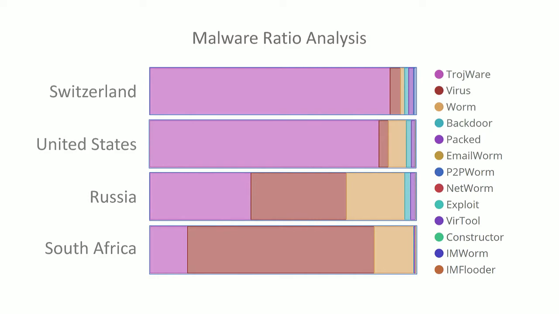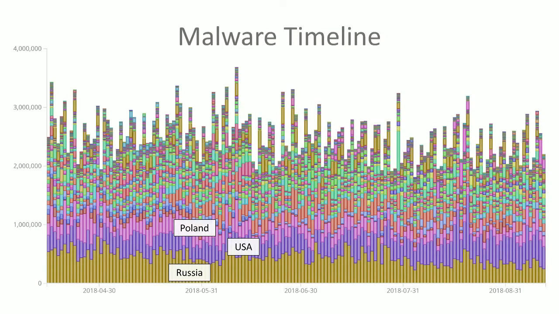Now I'm going to look at this first timeline. On any given week, Comodo has about 230 plus top-level country code domains where we see malware.